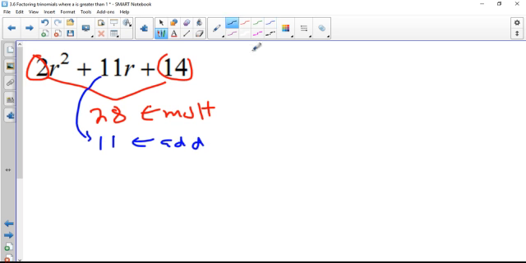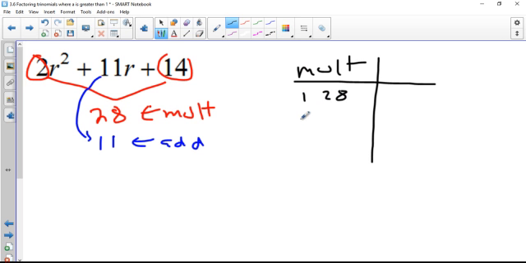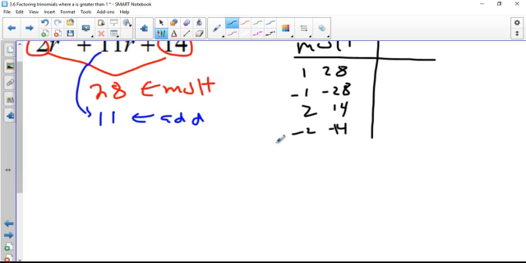Well, going through my combinations, we've got 1 and 28, minus 1 minus 28, 2 and 14, minus 2 minus 14, 3 doesn't work, 4 works, 4 and 7, and minus 4 minus 7, and that will be it.